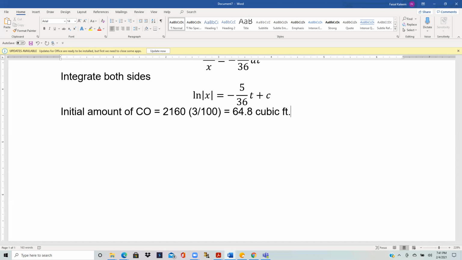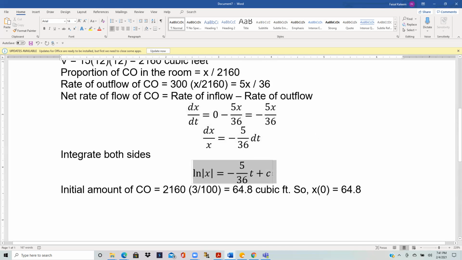So x of 0 is equal to 64.8. Now we substitute this initial condition here to get C. So x is 64.8, time is 0.